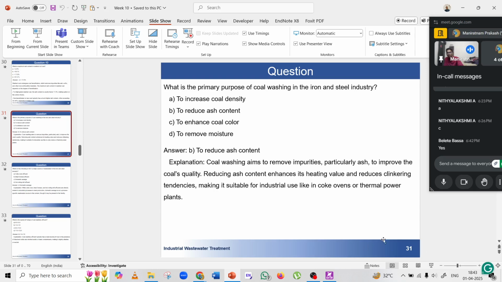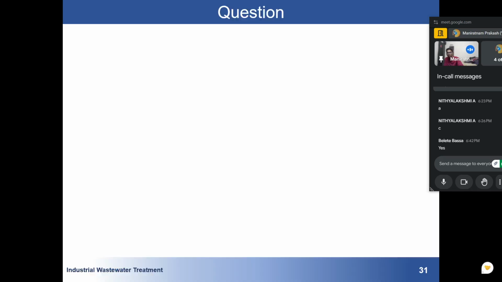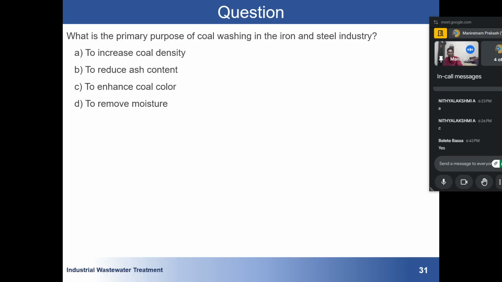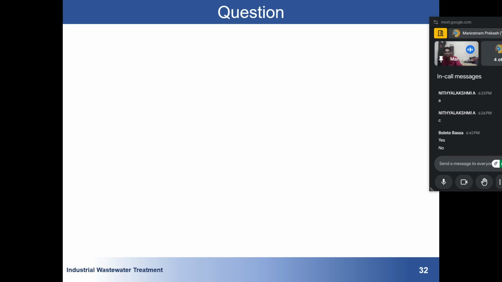If anyone has any doubt, they can just write in the chat box. Someone has said yes. Do you have any doubt? If you have any doubt, you can unmute yourself. Okay, then I'm moving forward to the next question.